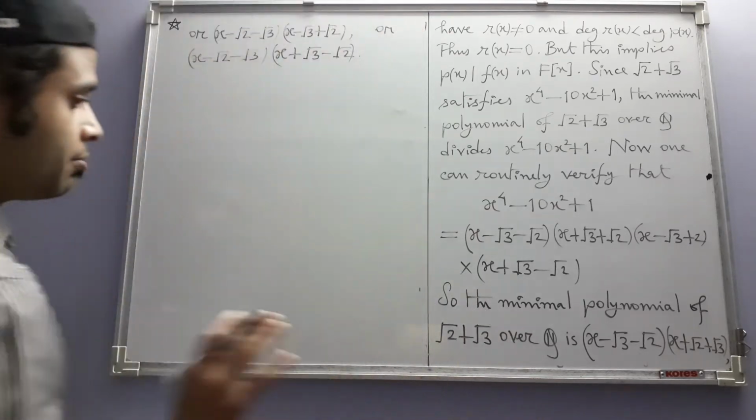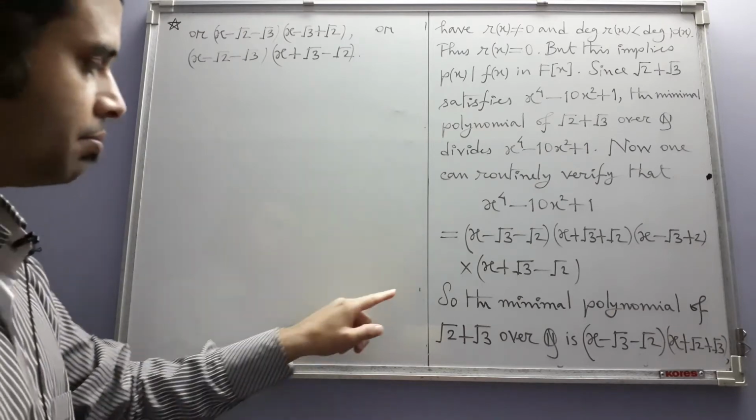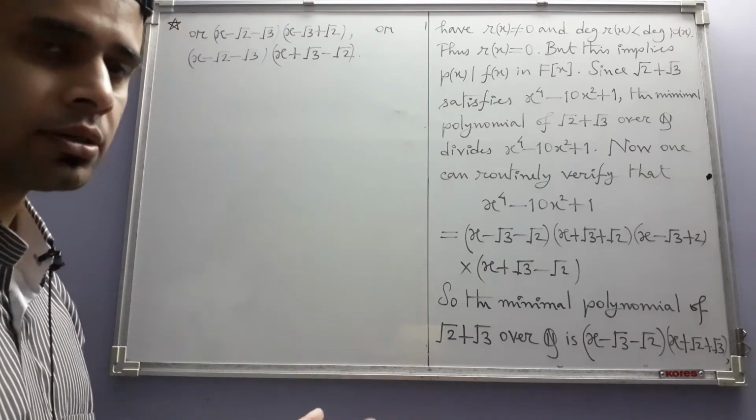But there is a problem here, and we want a problem because we are hoping for a contradiction.